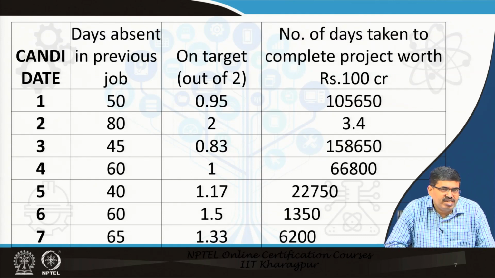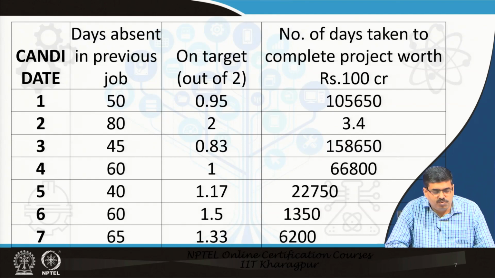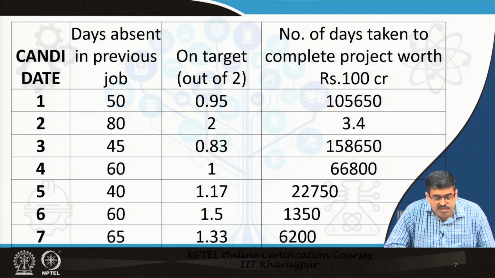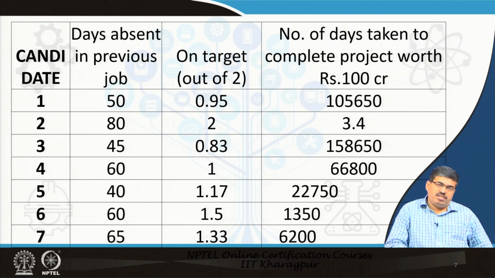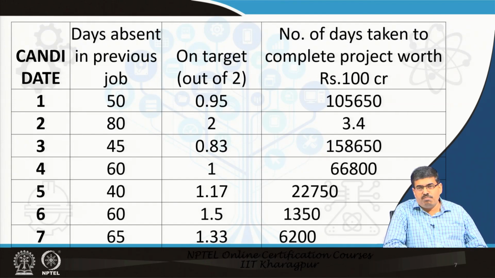You want less absent. A candidate who is more absent, you do not want; less absent you want. So, days absent in previous job, your objective is to minimize, min.